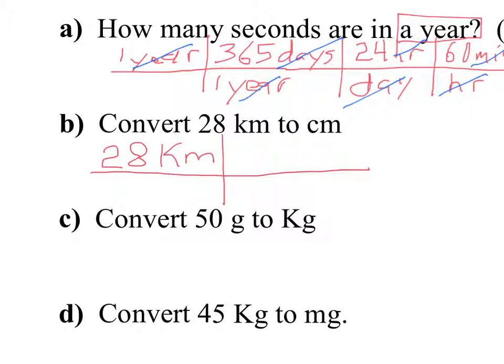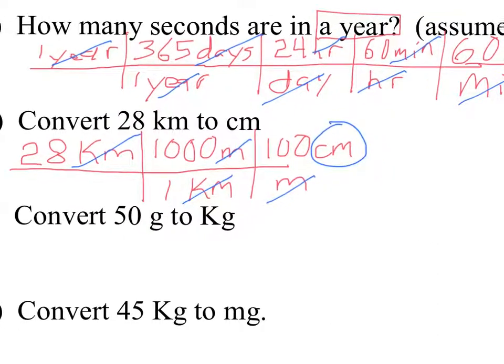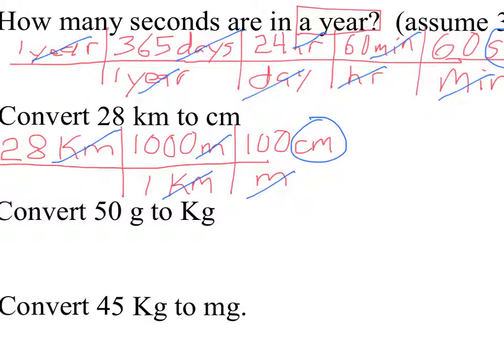We know that there are 1,000 meters in 1 kilometer. We also know that there are 100 centimeters in every meter. So our kilometers cancels with kilometers, our meters cancels with meters, and it leaves us with units of centimeters, which is just exactly what they asked for, so we know we must have done it right.